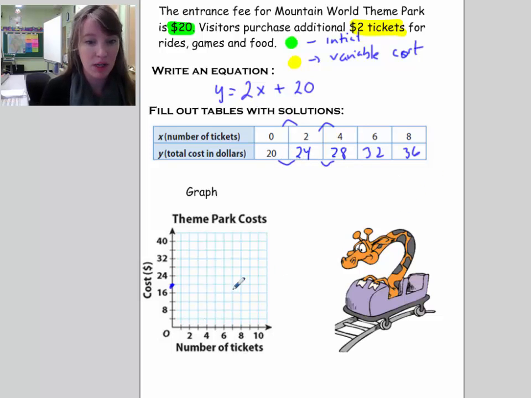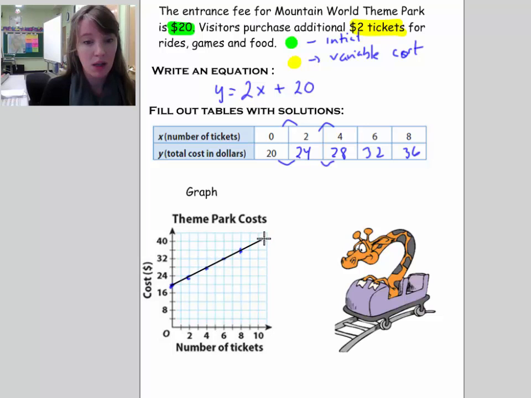So it's actually pretty convenient to have this graph here. So we have 2 is 24, and 4 is 28, which is right there, and 6 is 32, and 8 is 36. So again, you're going to notice that all of these points are collinear, right?